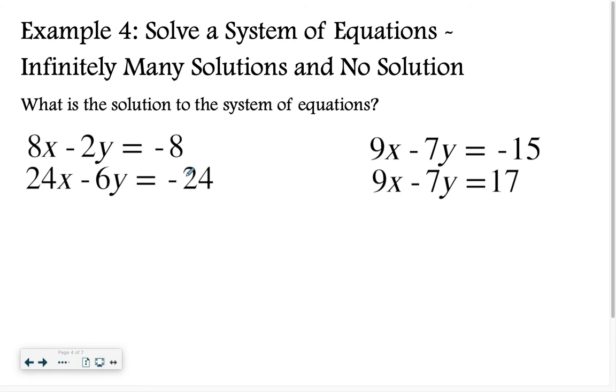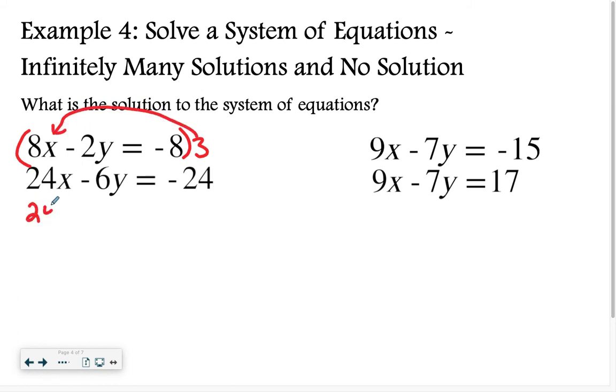Now, right away, if I'm just powering through my assignment and I see this problem, I might start by saying, okay, I'm going to try to get this to be a 6. So I'm going to multiply everything by 3, and I'm going to write it over on the right side just because I ran out of room.